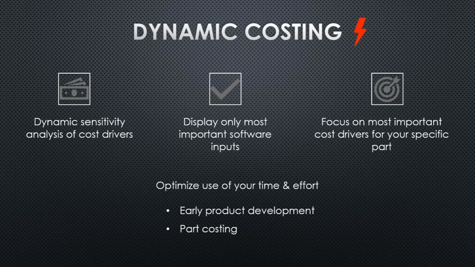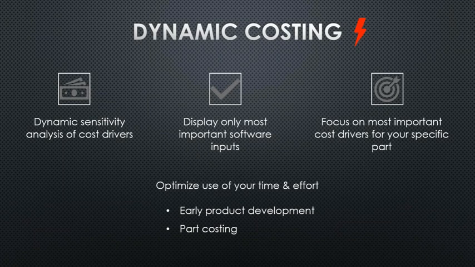So some examples, if you're using the software for early product development work, every little piece of information about a part can be really difficult to get at that stage of development. So identifying the most important cost drivers for your part lets you spend your time more effectively while you're still getting very good and useful cost estimates.